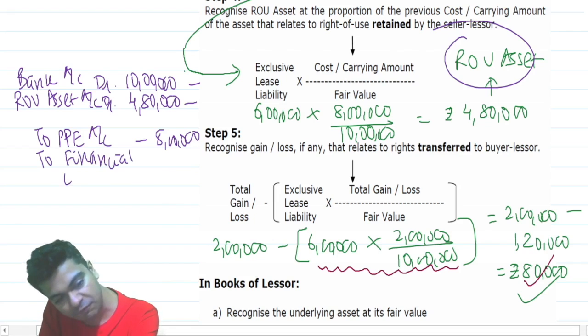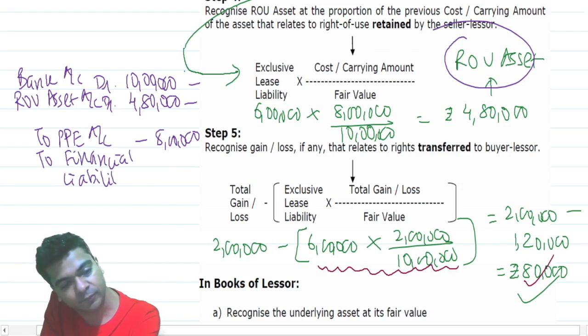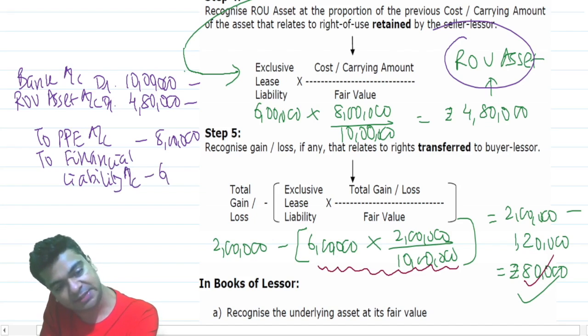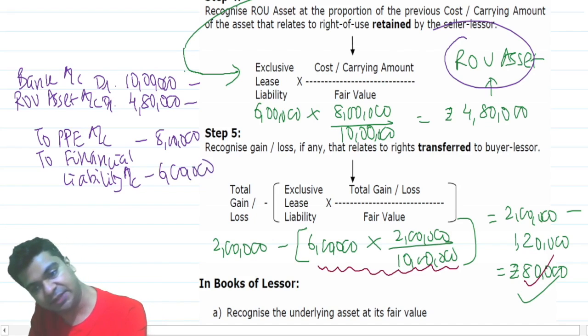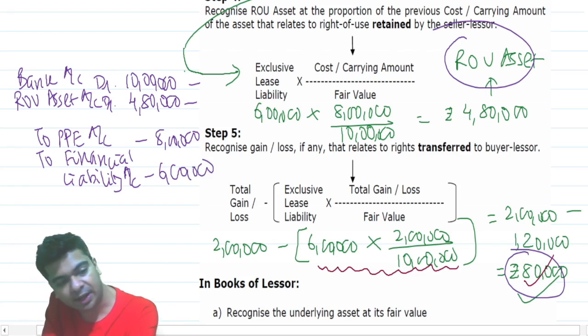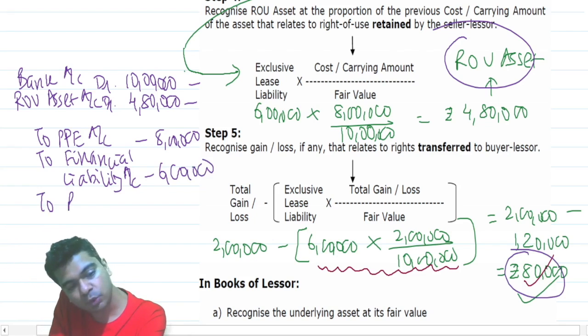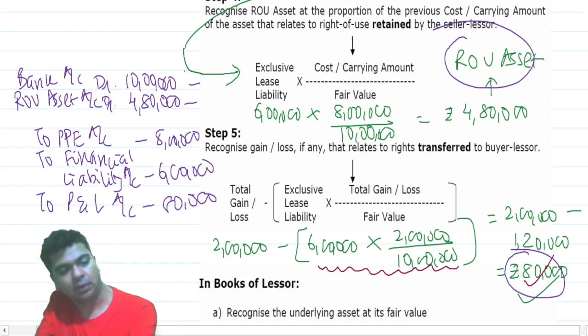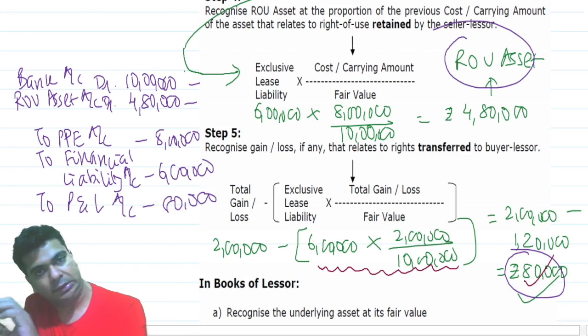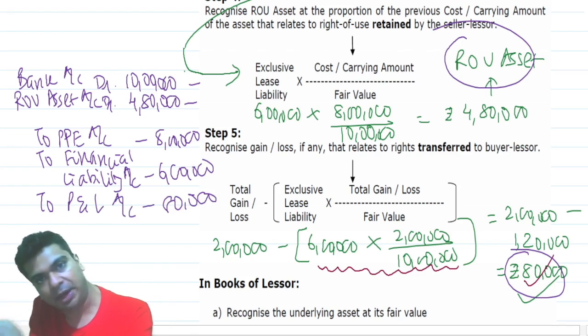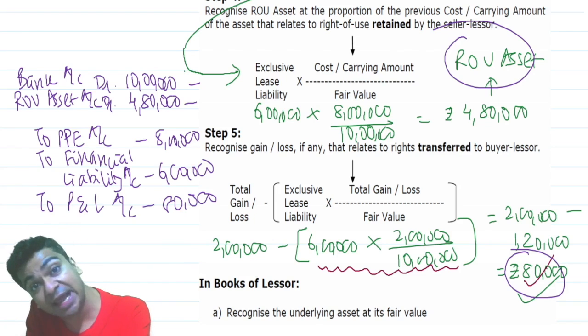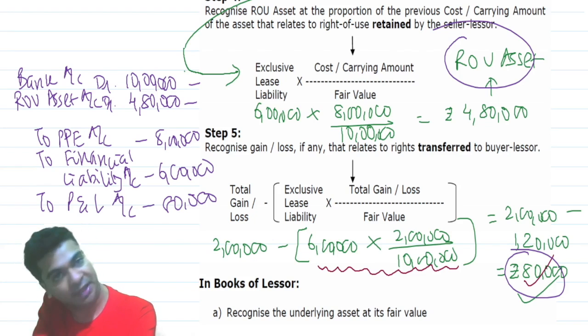So we say to financial liability, in our example, it's turning out to be 6 lakhs. And here it is, the profit that needs to be recognized. So I say to profit and loss account, 80,000. So this is the accounting entry that we will be recording in our books for the sale and lease back transaction in the books of the lessee.